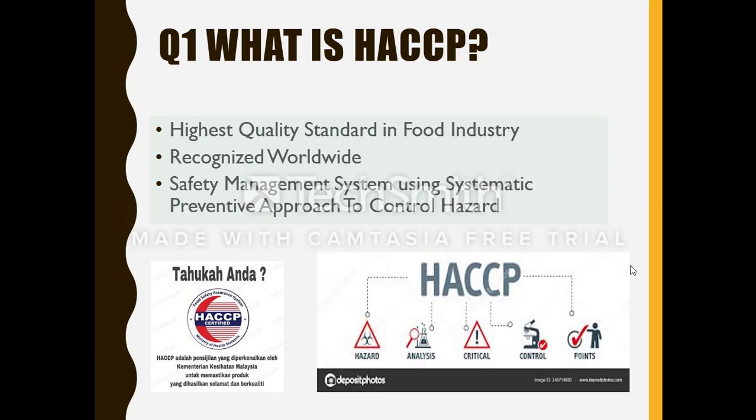Audits focus on the risks and potential causes of food safety hazards and utilize preventative action, known as CCP or critical control point. So basically, HACCP is a safety management system using a systematic preventive approach to control hazards, right?